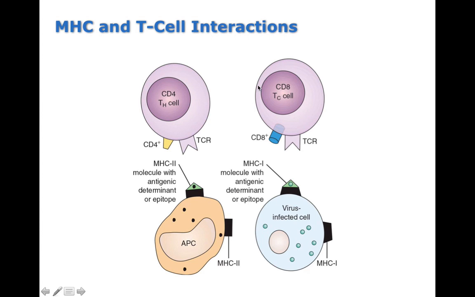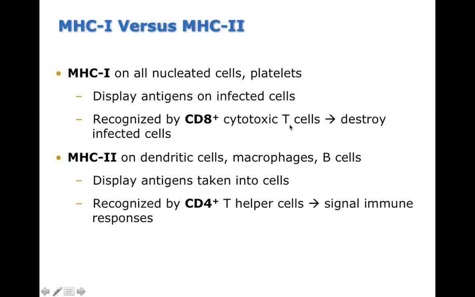And it's the cytotoxic T cells that can recognize MHC class I. Remember, MHC class II is extracellular antigens, MHC class I is intracellular antigens, and MHC-II is recognized by CD4 T helper cells, and MHC-I is recognized by CD8 cytotoxic T cells. Remember, MHC class I you find on all nucleated cells as well as platelets, and these effectively display antigens on infected cells.